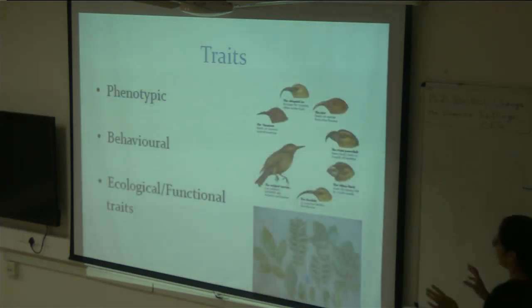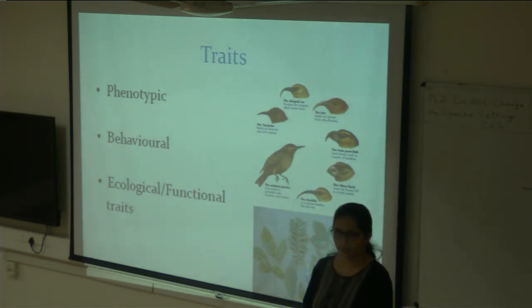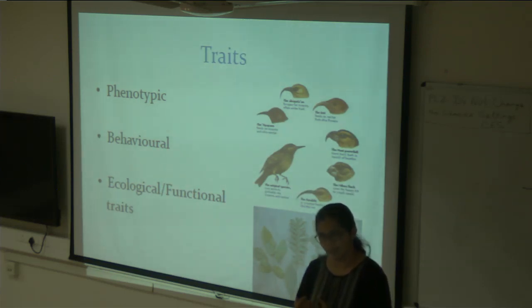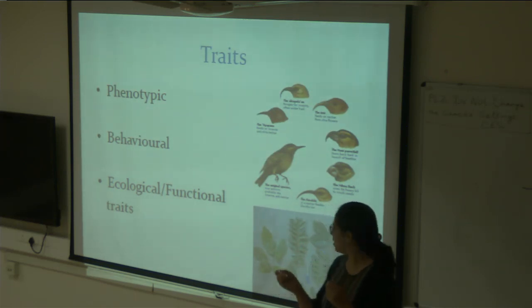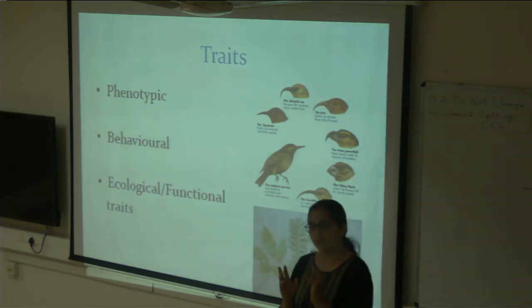So whenever we think of traits, we could think about phenotypic traits, which is how you measure morphological traits, and it could be a continuous trait or a discrete trait. It could be behavioral traits, if this particular species shows this behavior or not, or you actually measure the behavioral trait, or it could be functional or ecological traits. So for any such trait, how has that particular trait evolved?